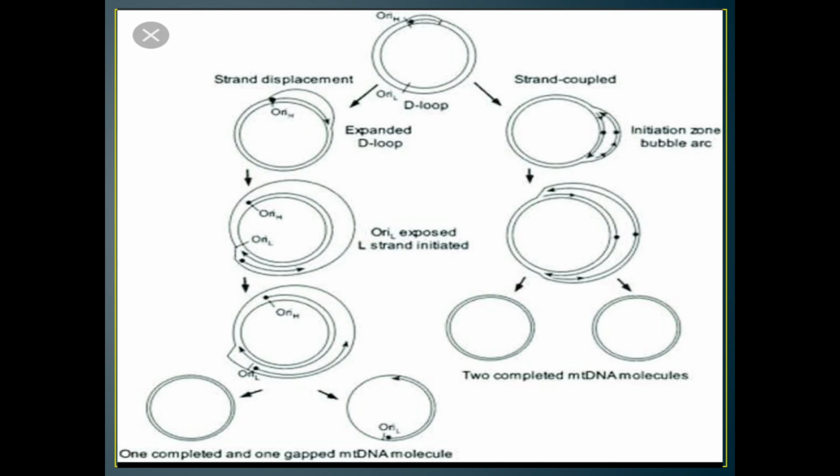That means the heavy strand is present there. When the heavy strand becomes the template strand, corresponding to the template a strand will be formed which will be similar to the light strand, and it will form in a circular way, or in a way that looks like a D shape. So we can say that it is a D loop model. That is shown here.